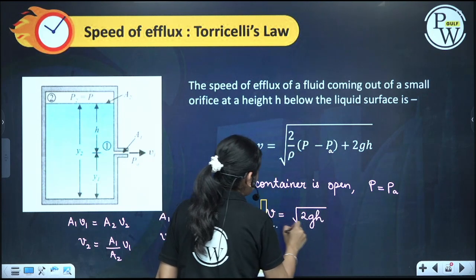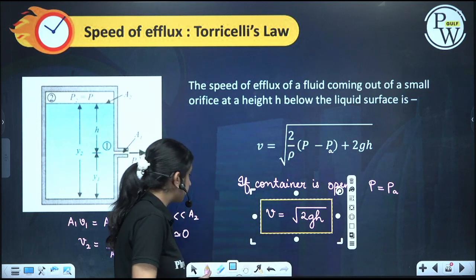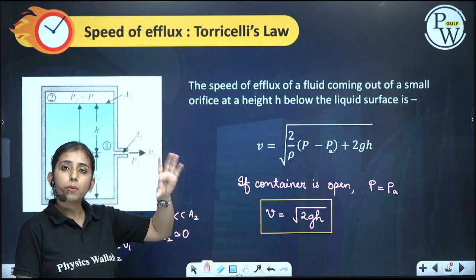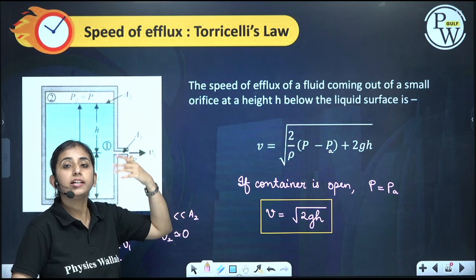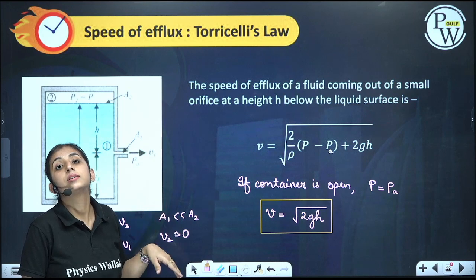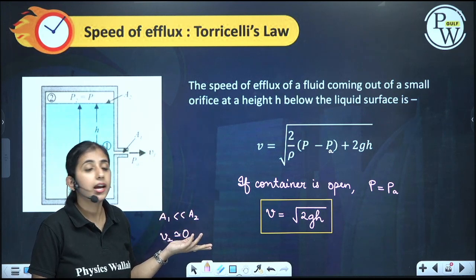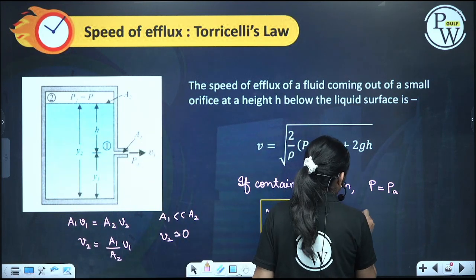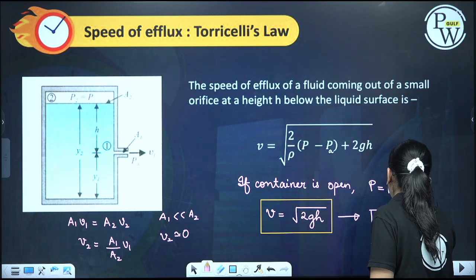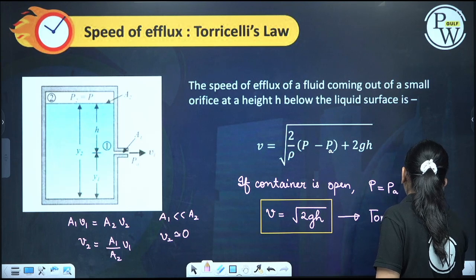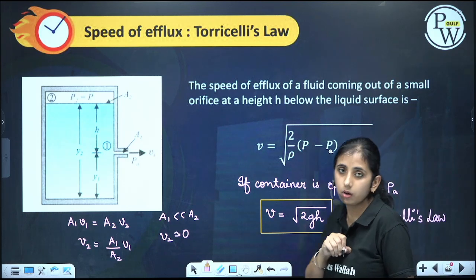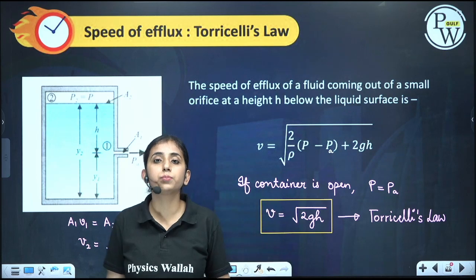Have you seen this formula? It is similar to kinematics. If we drop any body from height h, the velocity at the point h below the point of dropping is under root 2gh. So this is called Torricelli's law, speed of efflux.